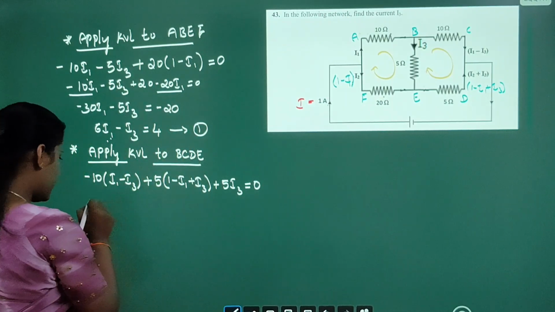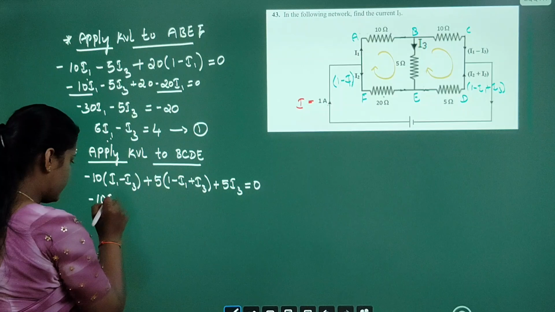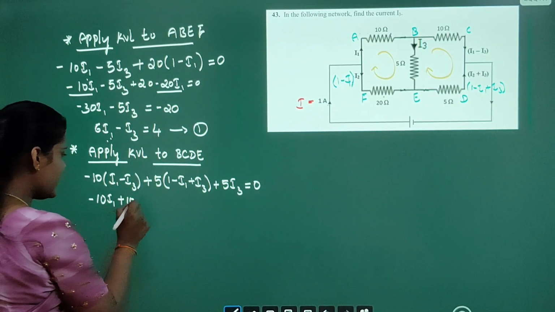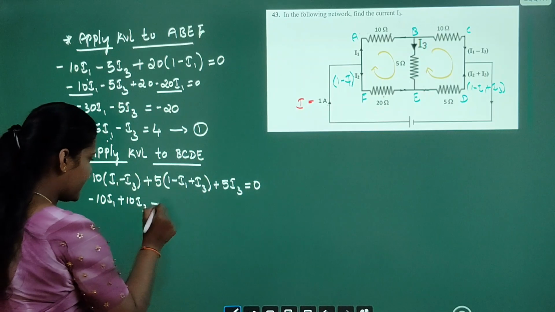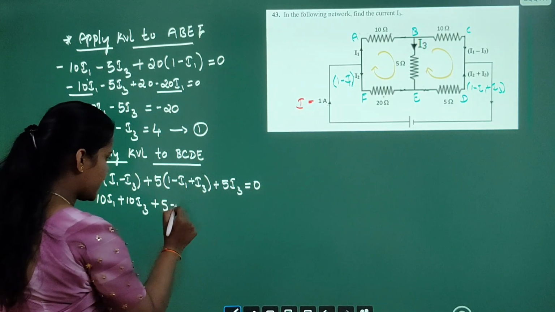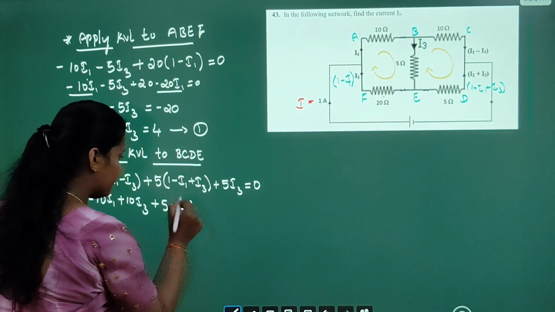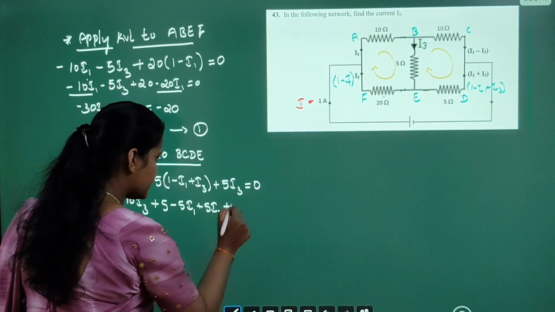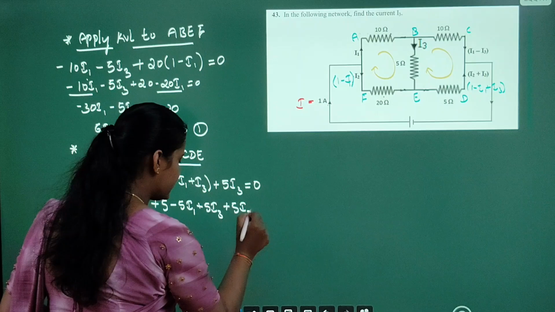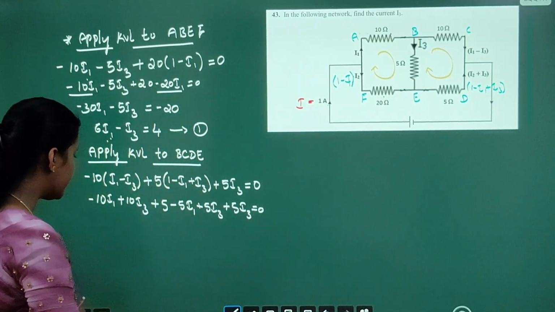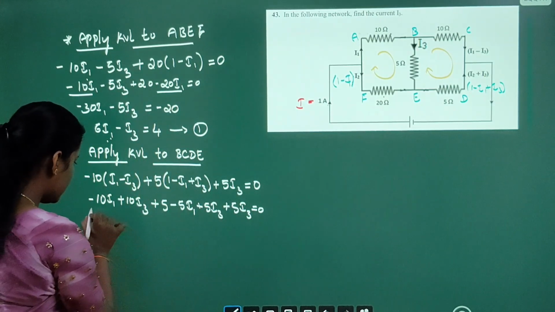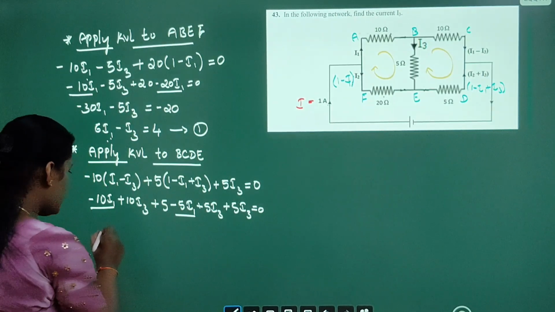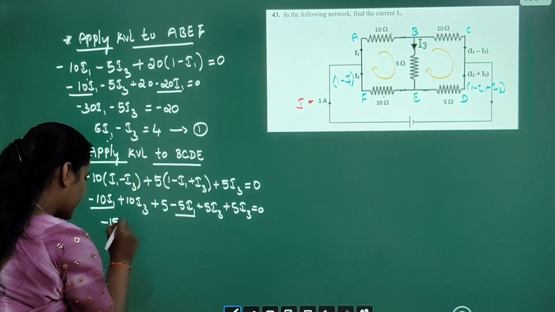Okay, now just do the mathematical calculation. 10 I1 plus 10 I3 plus 5 minus 5 I1 plus 5 I3 plus 5 I3 is equal to 0. Here I am grouping the terms: 10 I1 and minus 5 I1 gives minus 15 I1.